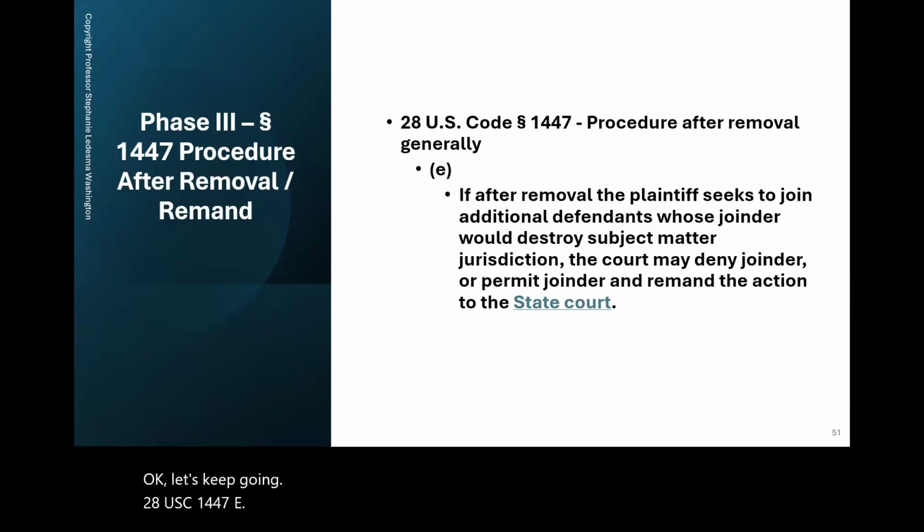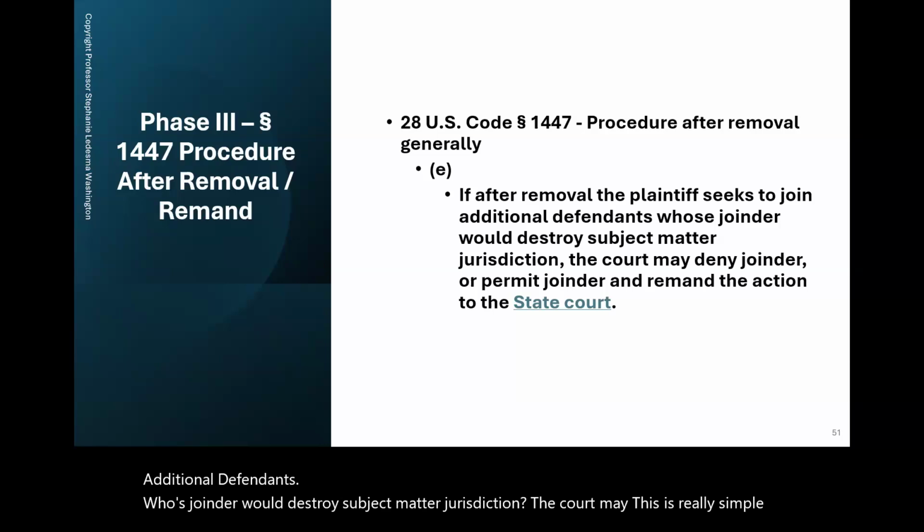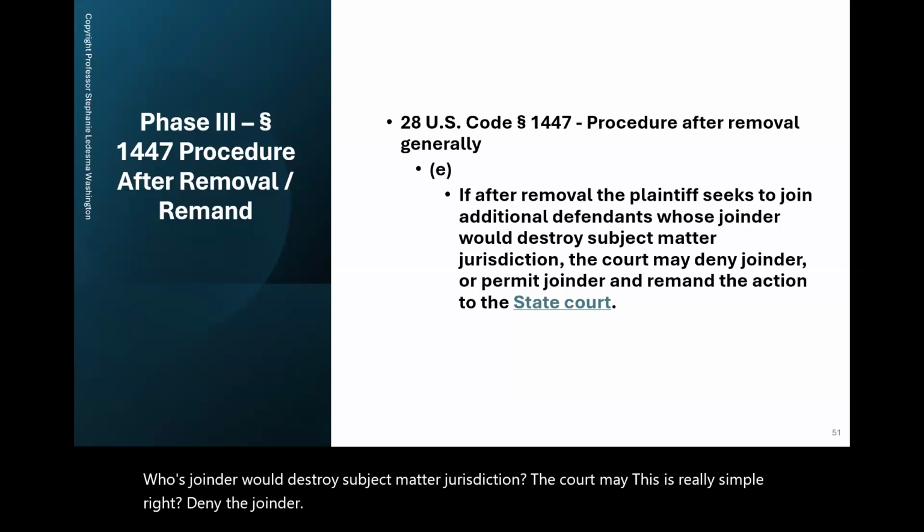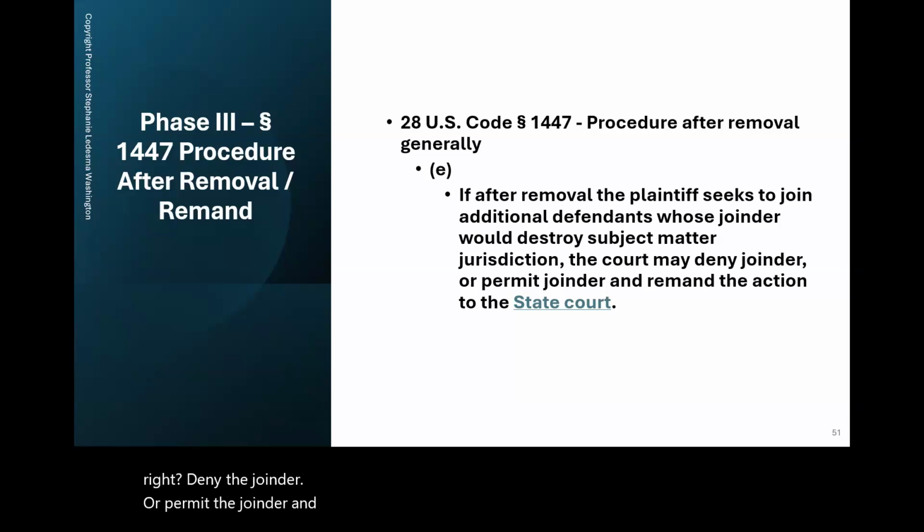If after removal, the plaintiff seeks to join additional defendants whose joinder would destroy subject matter jurisdiction, the court may, this is really simple, right, deny the joinder or permit the joinder and just remand the case to state court.